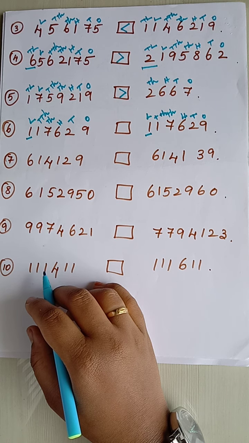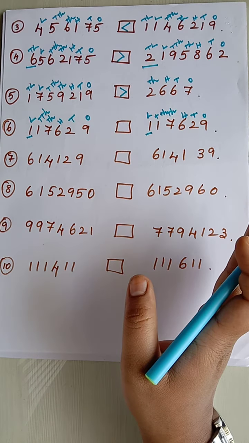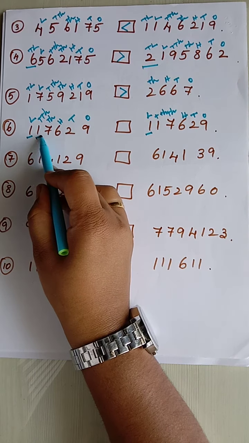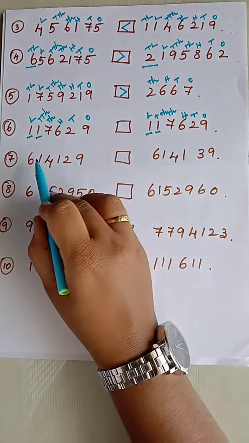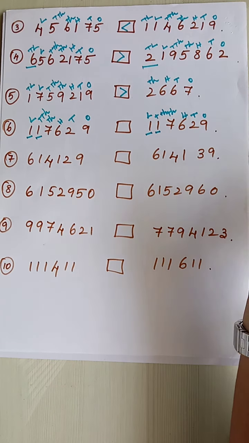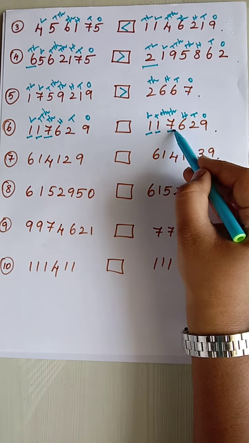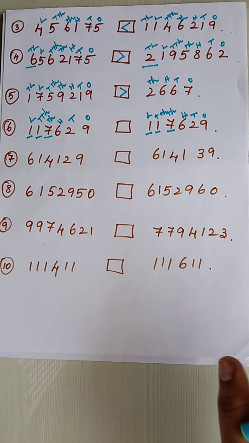On that occasion, we have to leave that digit and jump into the next digit, that is the second digit. Here also 1 and this side also 1. These two are same. So next we go to the next digit, here it is 7 and this side also 7. That is also equal.